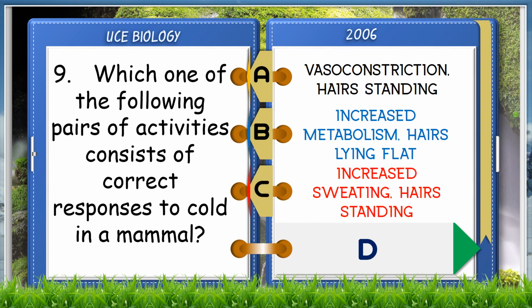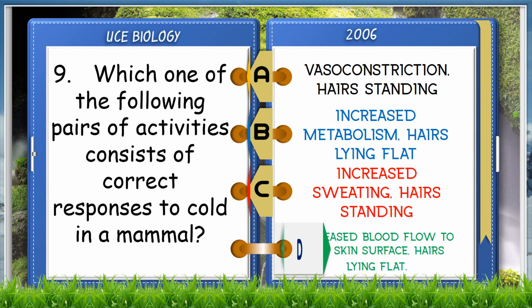C. Increased sweating, hairs standing. D. Increased blood flow to the skin surface, hairs lying flat. The answer is A. Vasoconstriction, hair standing.